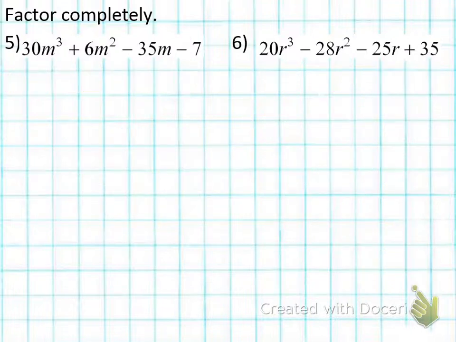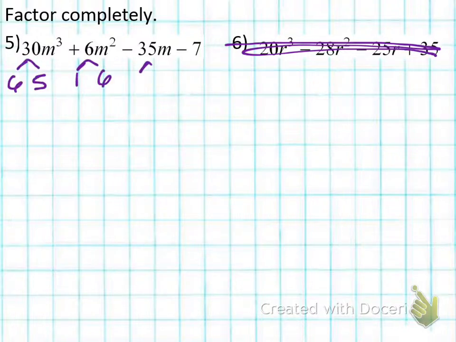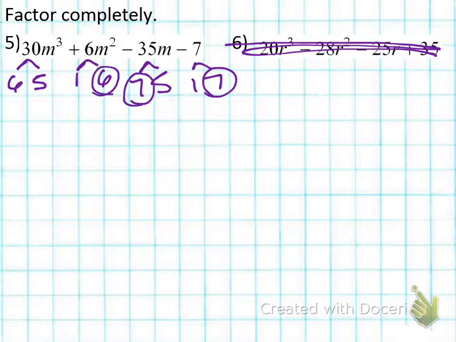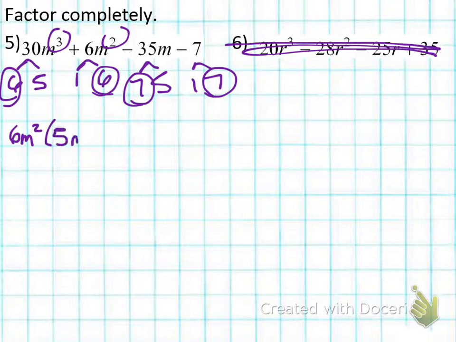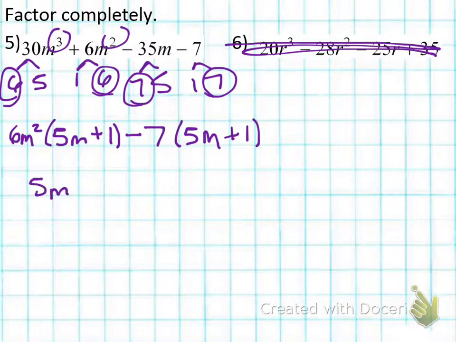All right, and the last one we did in class was number 5, so I'll show you what we did for that. I sorted it this way. The first two have 6m squared in common, so I was able to factor that out. And then in the second two, I have a 7, but I also noticed that they're both negative. So I went ahead and factored out the negative 7, and that left me with 5m plus 1.